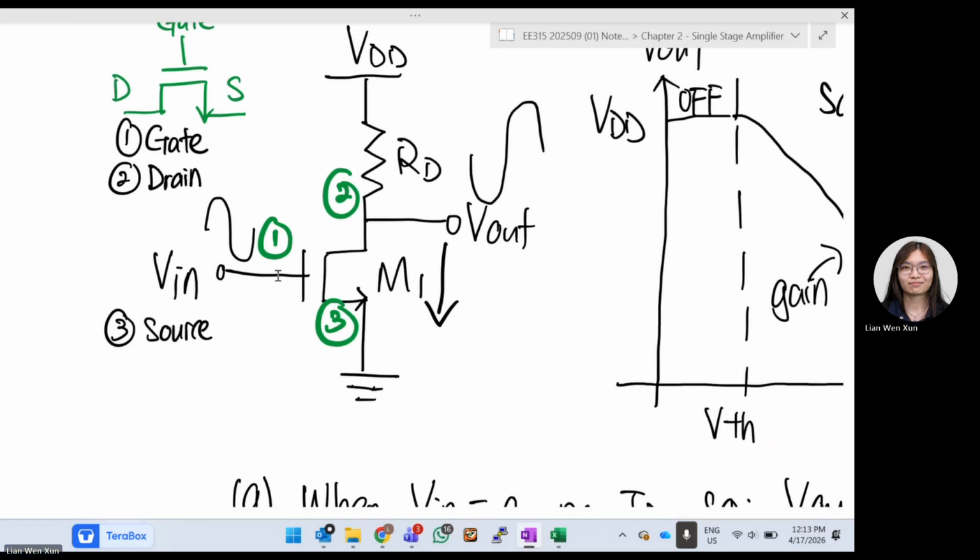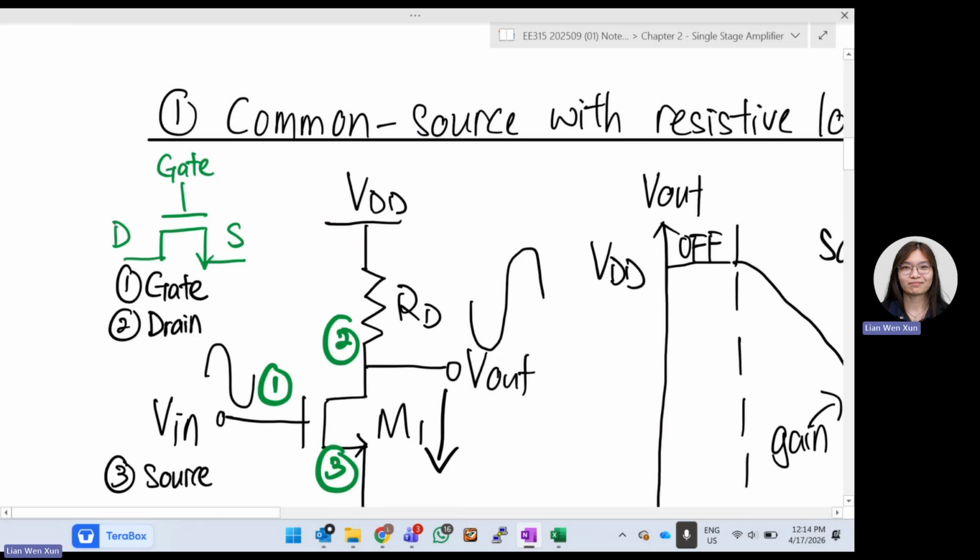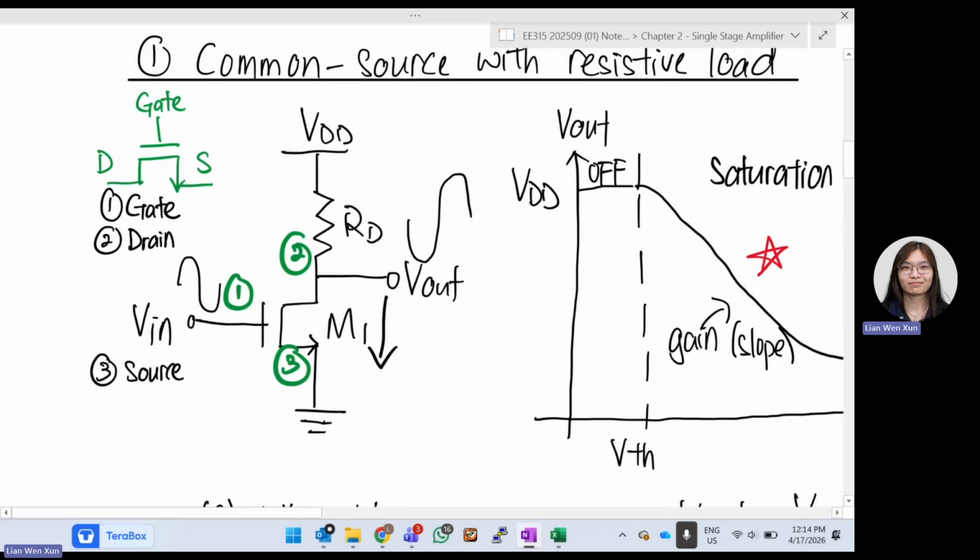In the end, we expect to get an output. We haven't analyzed it, but I'll tell you now that the output will be inverted. For common source amplifier, the output will be inverted. If your input is this one, your output will be 180 degrees out of phase. But a bigger one, a bigger swing.